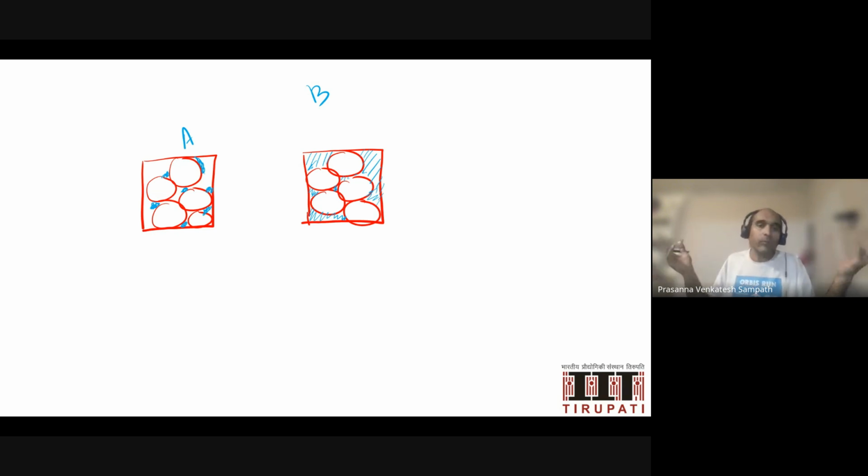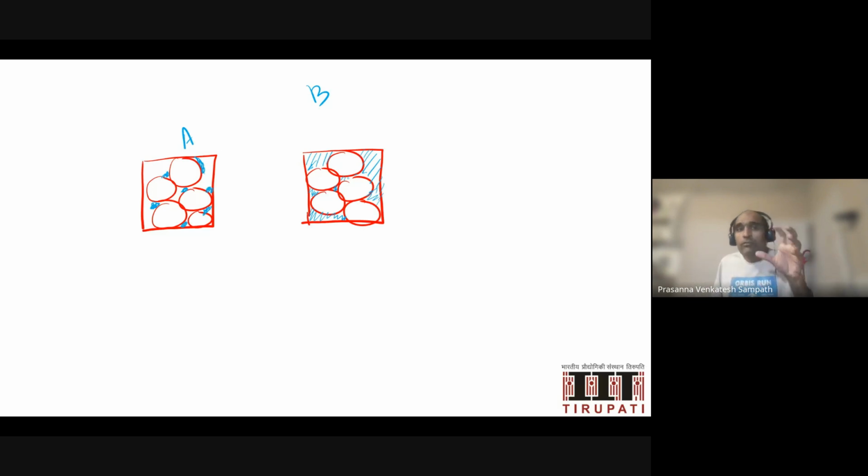It doesn't need any more water. But in case A, some of the surfaces are in contact with water, and the remaining surfaces, which are dry, would like to be in contact with water. So they are trying to pull water towards themselves. It's like a suction.